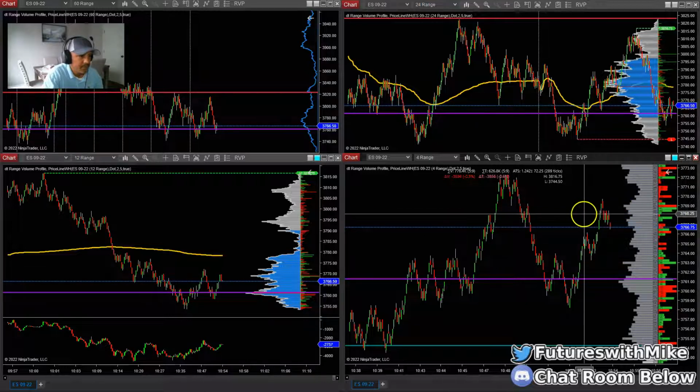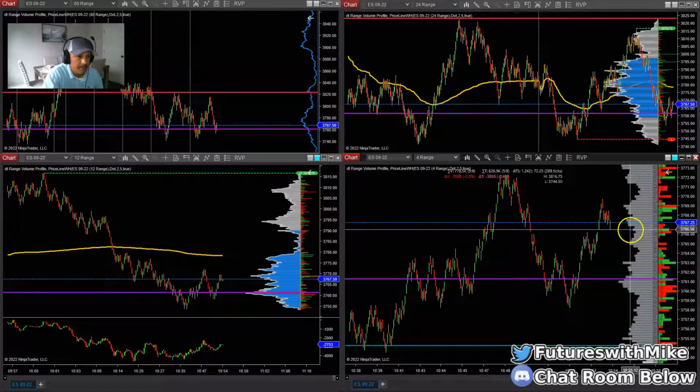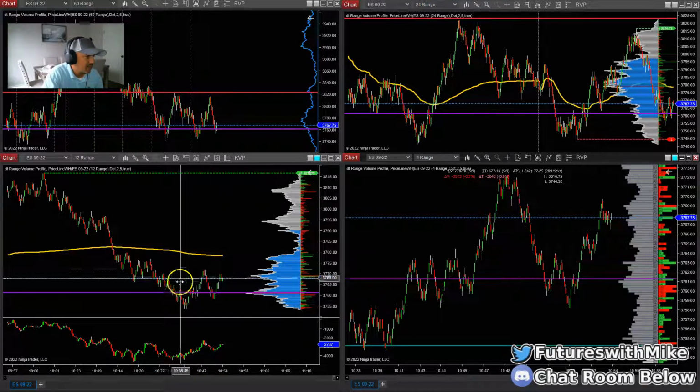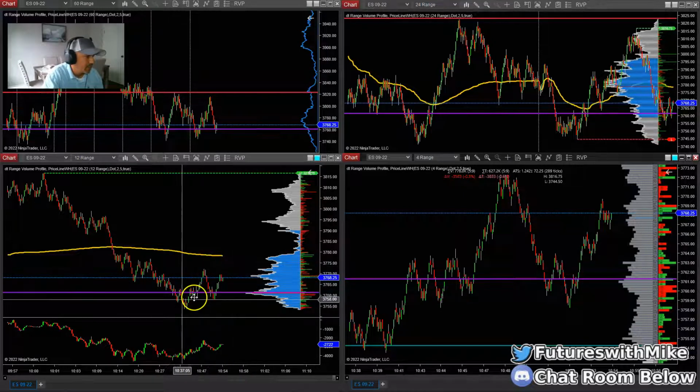Yeah. A little short right here too. But be careful though, because we're starting to make a little, we're ranging. We're moving sideways. I mean, we're in a wedge. To be honest with you, you can see the wedge right here.